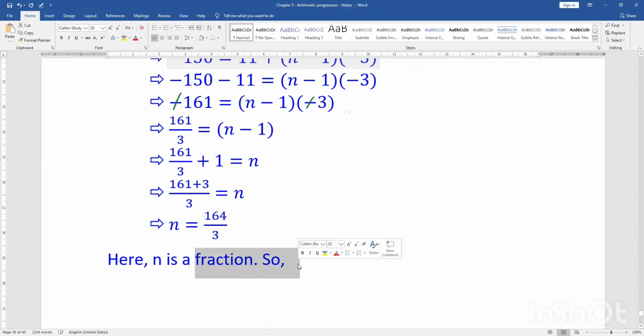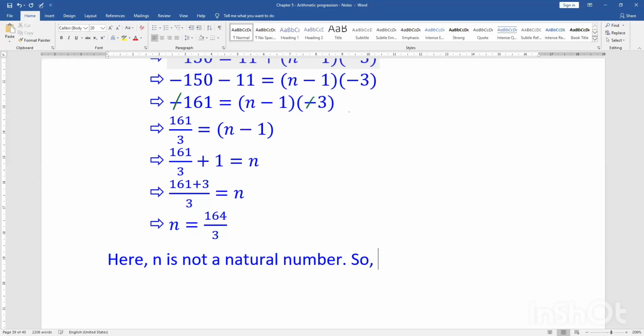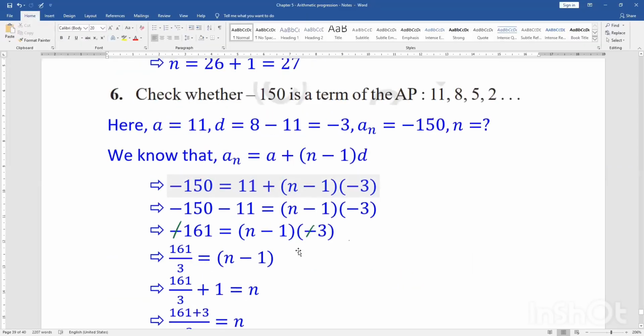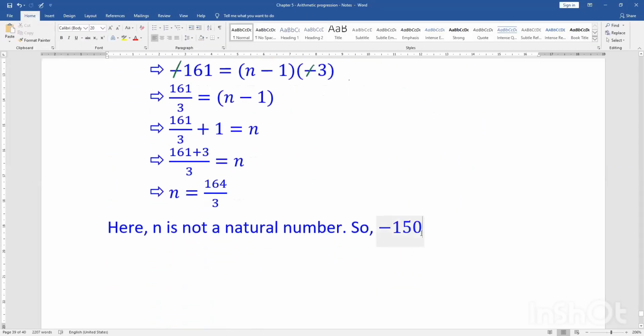So we can write like this: n is not a natural number, so minus 150 is not a term of the given AP. Right, children?